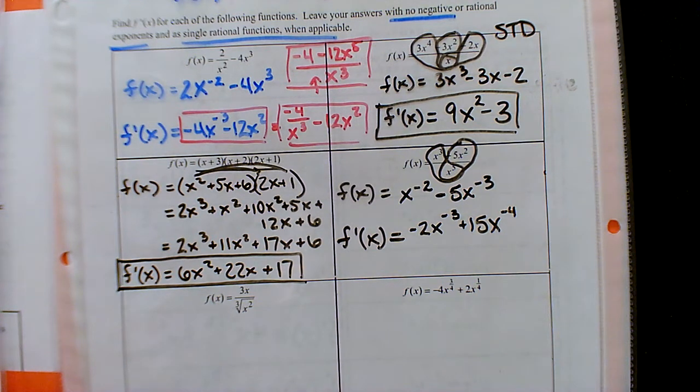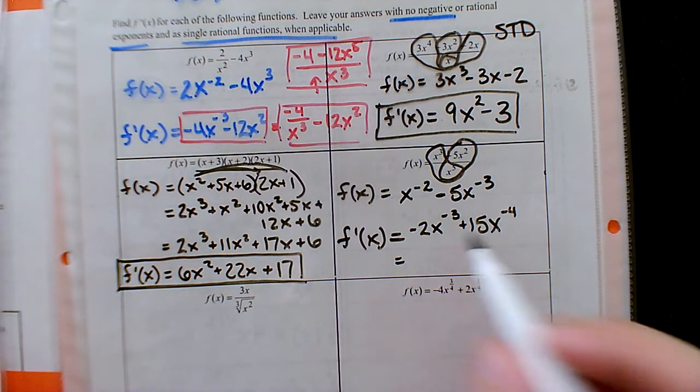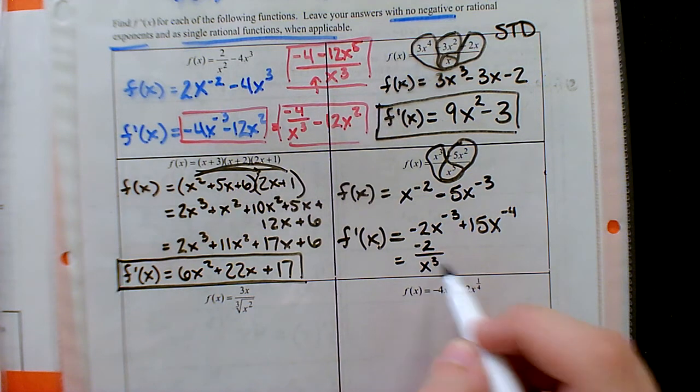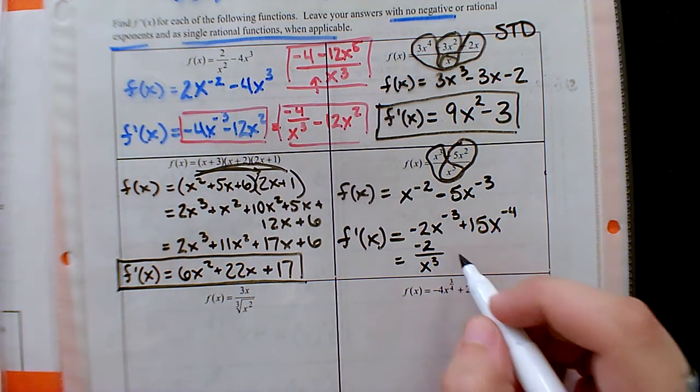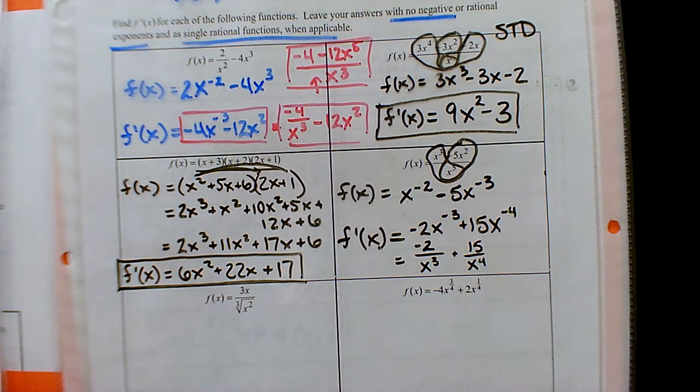Is that what you guys initially have? Okay, but we could possibly rewrite this. We don't want any negative powers, so we can move the x to the third to the denominator of its term, and we can move the x to the fourth to the denominator in its respective term. So that's another way it might show up perhaps on a multiple choice question.